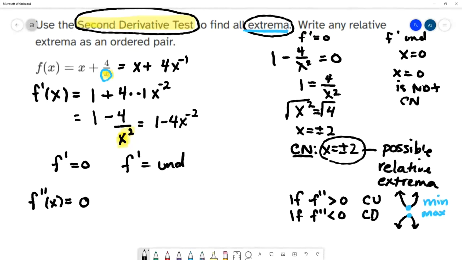The derivative of negative 4x to the negative 2, negative 4 is a constant multiple. And I carry that down, and I'll use the power rule on x to the negative 2. So I've got negative 2 x to the negative 3 using the power rule. If we simplify, we would have a positive 8 x to the negative 3, or 8 over x cubed.